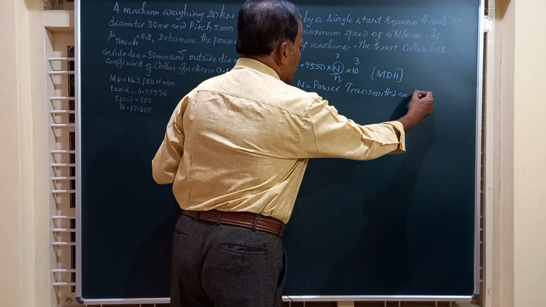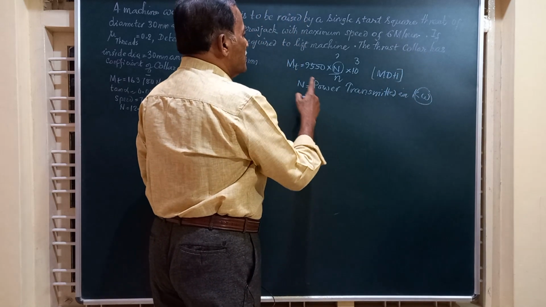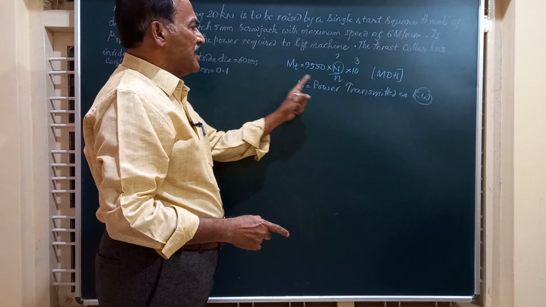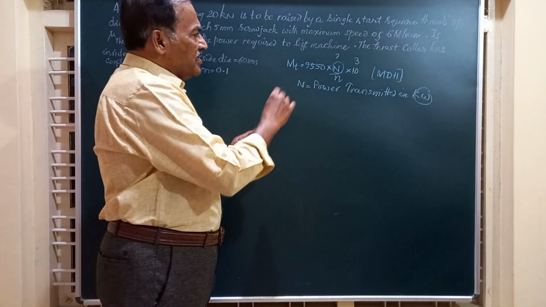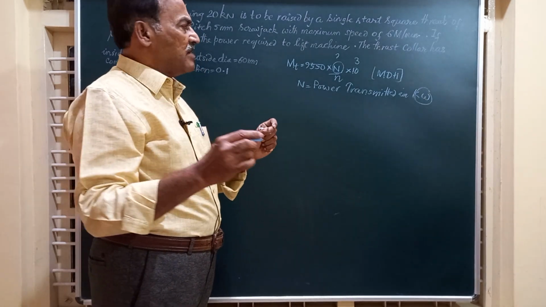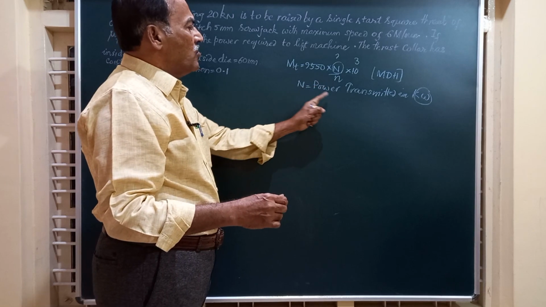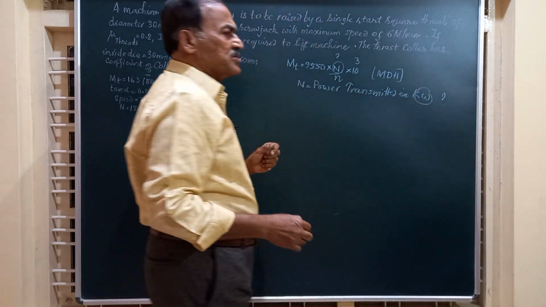And friends, to find this, we need to know the torque transmitted and the speed of rotation. If you are able to calculate these two parameters, then you can substitute here and obtain the power required. That's what the question is.